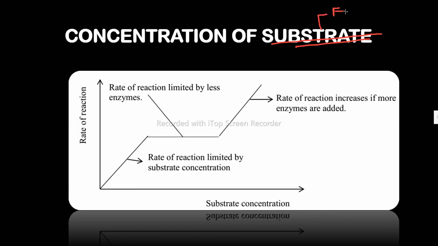Let me just summarize this as food for enzymes. So the amount of a given substrate in that reaction vessel, in that vicinity, affects how the rate of enzyme activity is going to vary.